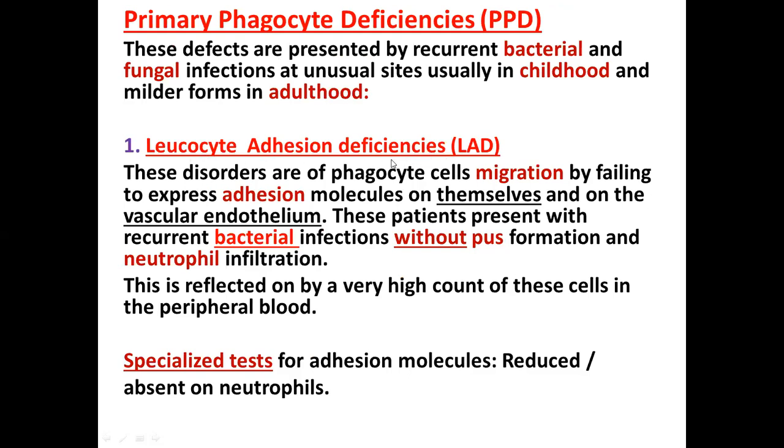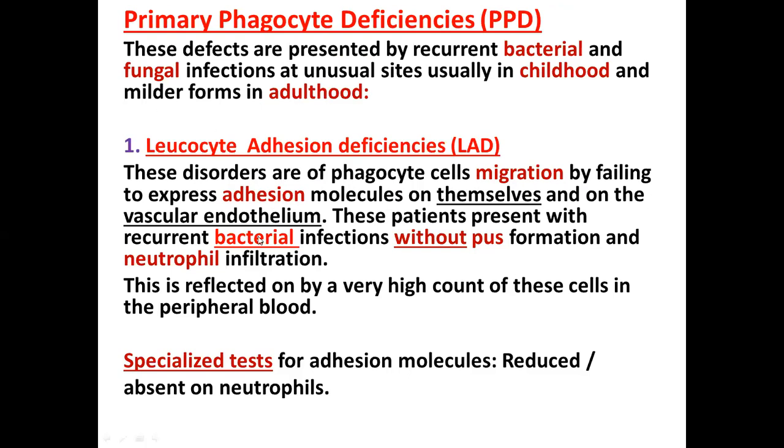Leukocyte adhesion deficiency. In this disorder, the phagocytic cells cannot migrate because they cannot express the adhesion molecules on themselves and on the vascular endothelium. So the phagocytic cells cannot migrate to the area of infection.